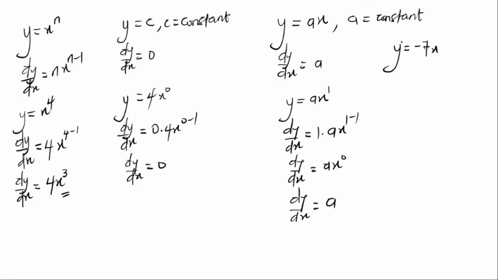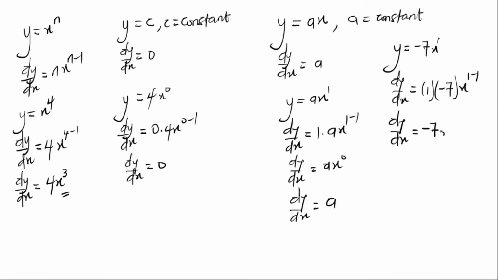First of all, if we differentiate this function, we get dy/dx. Because the x here has the power 1, we use that 1 to multiply the -7. So we have +1 multiplied by -7. Then the x comes here, power 1 minus 1. So we have dy/dx becoming 1 multiplied by -7, which is -7.